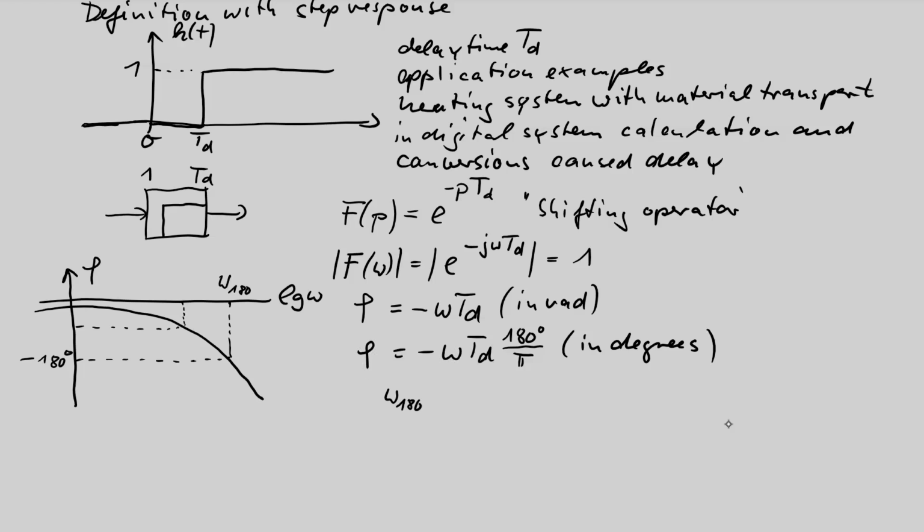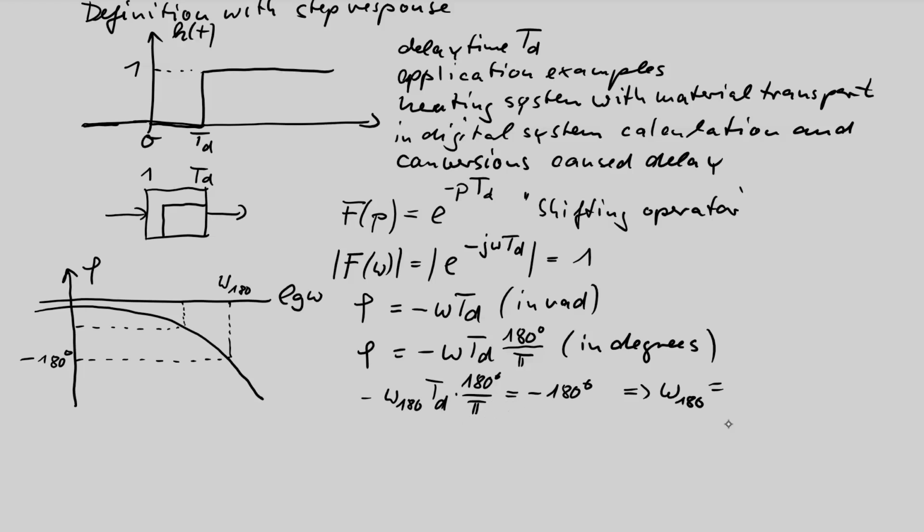And so you see, negative omega 180 times Td times 180 over pi is negative 180. You can solve this easily for the inverting frequency point, we can say.